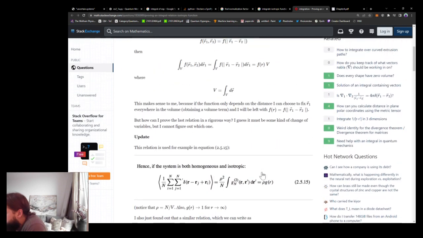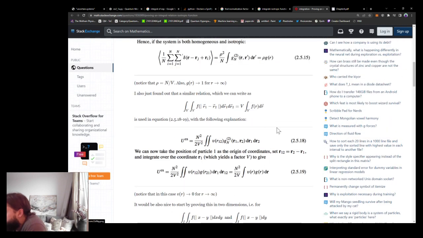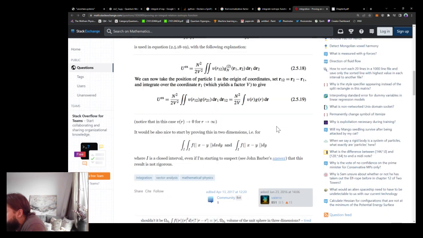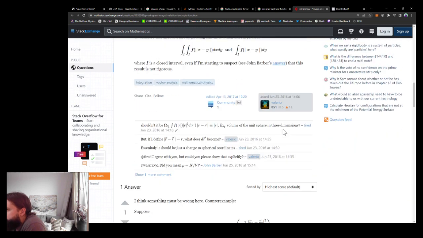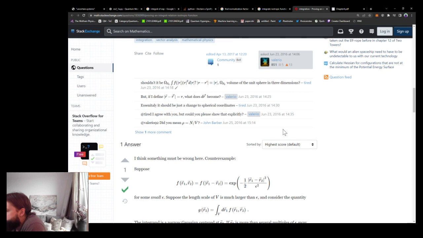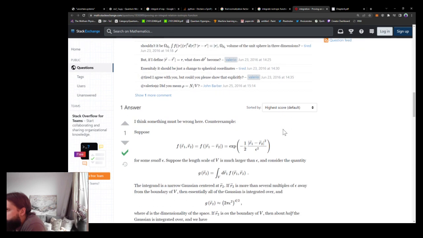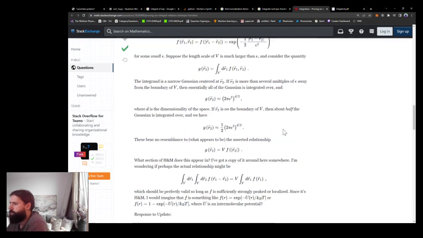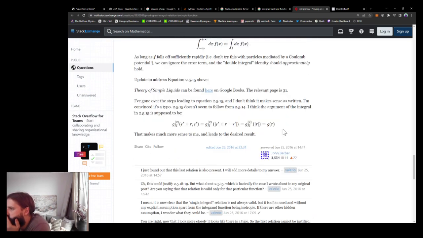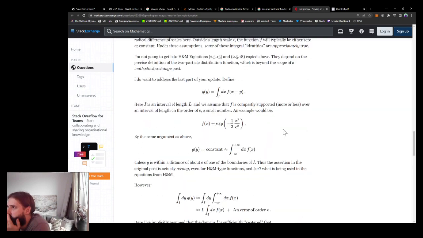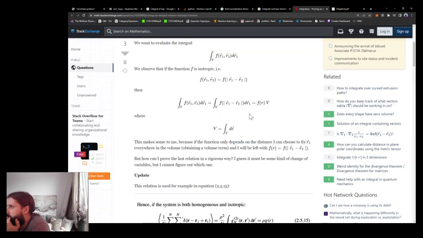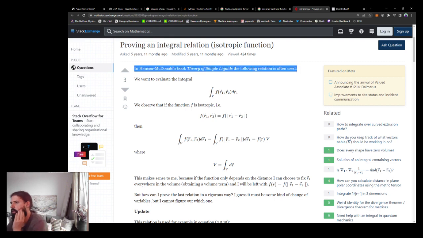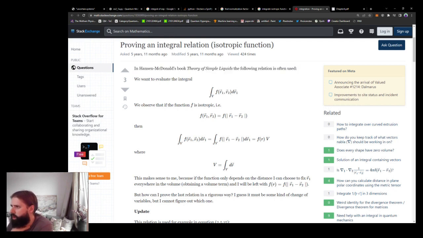So in a way, I think I'm right. Okay, so here we have a whatever theory of simple liquids this is, but you have this integral.